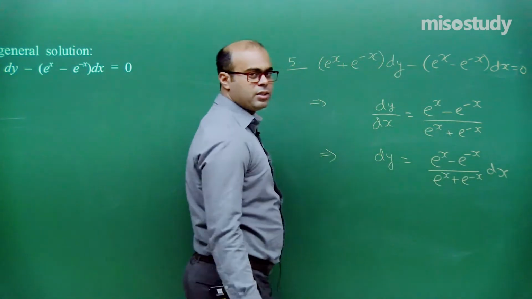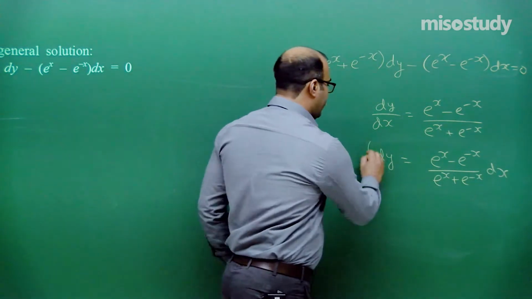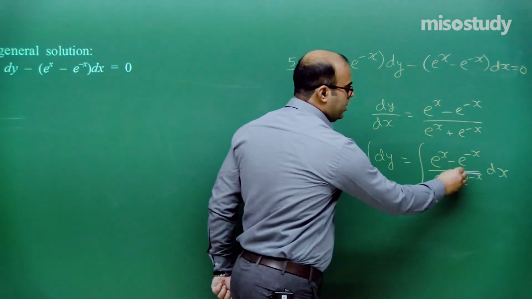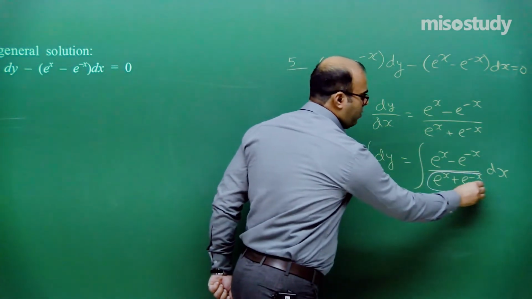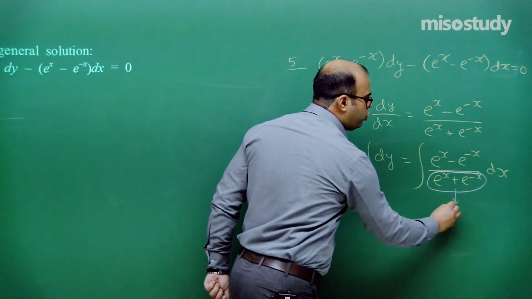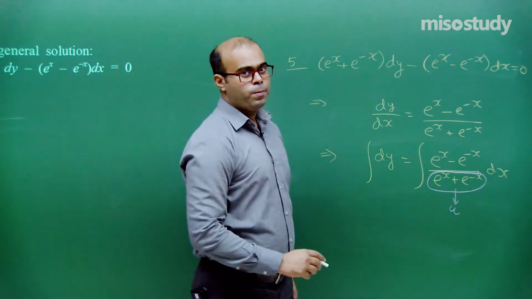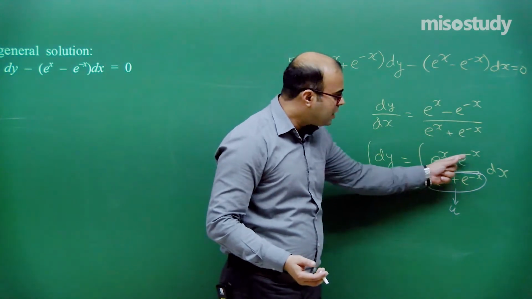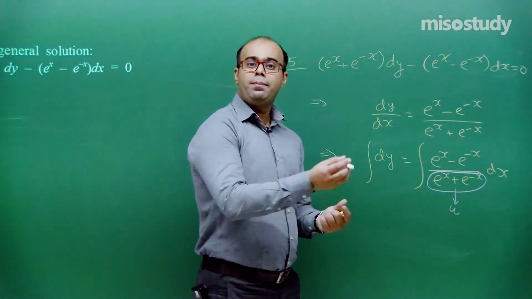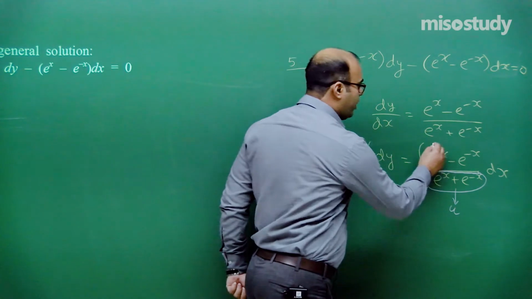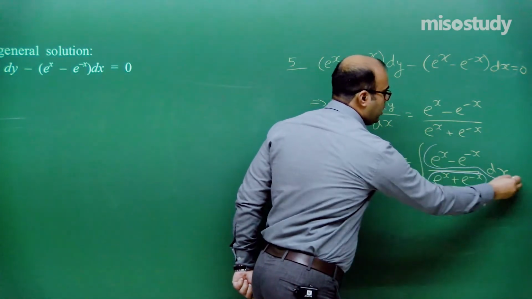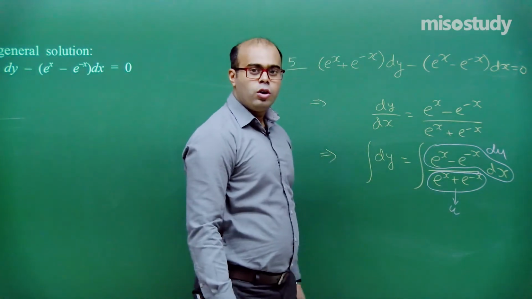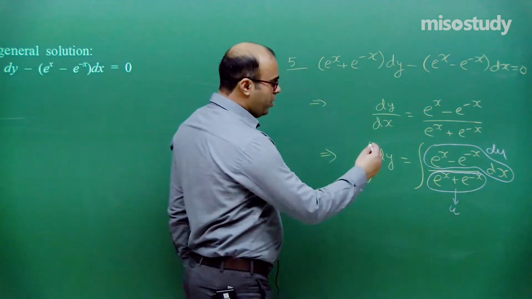After taking dx on the right hand side, integrate both the sides. You can see that if you substitute e to the power x plus e to the power minus x as u, then its differentiation is e to the power x minus e to the power minus x, which is already present in the numerator. So the term over here is actually du. If the denominator is u, the numerator is du. So what will be its integration?